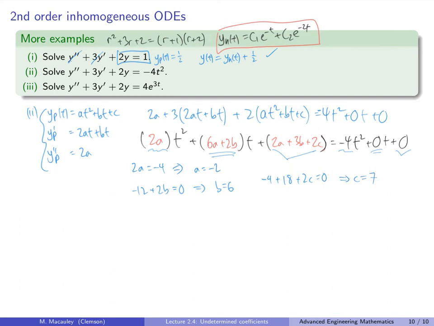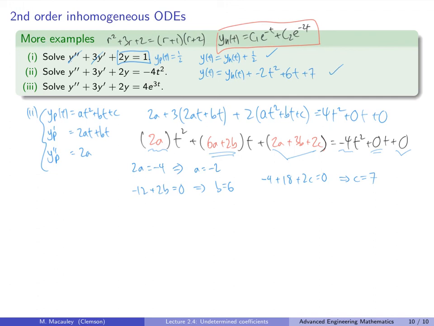It's a polynomial of degree 2 with coefficients negative 2, 6, and 7. So our general solution is the homogeneous solution plus negative 2t squared plus 6t plus 7. There's our second one.